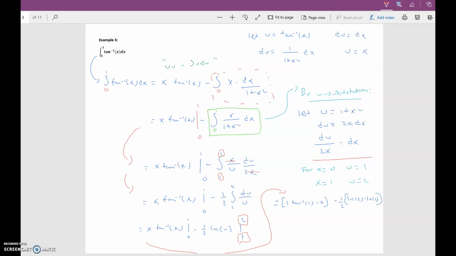Ln of 1 is 0, so this term is going to go to 0.